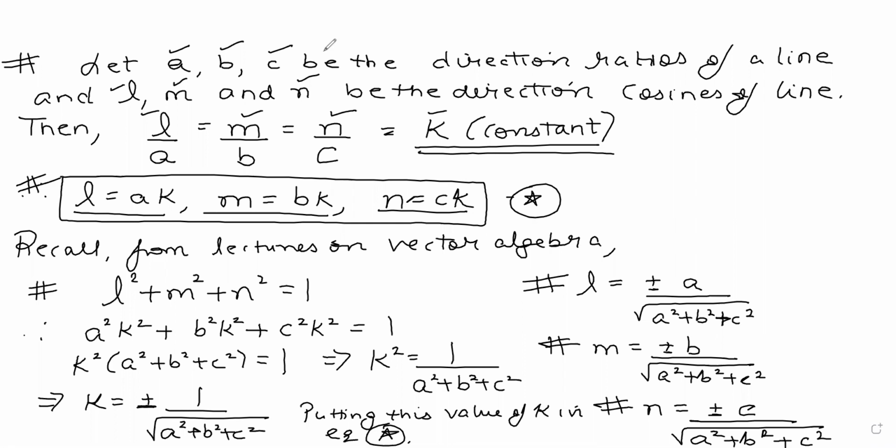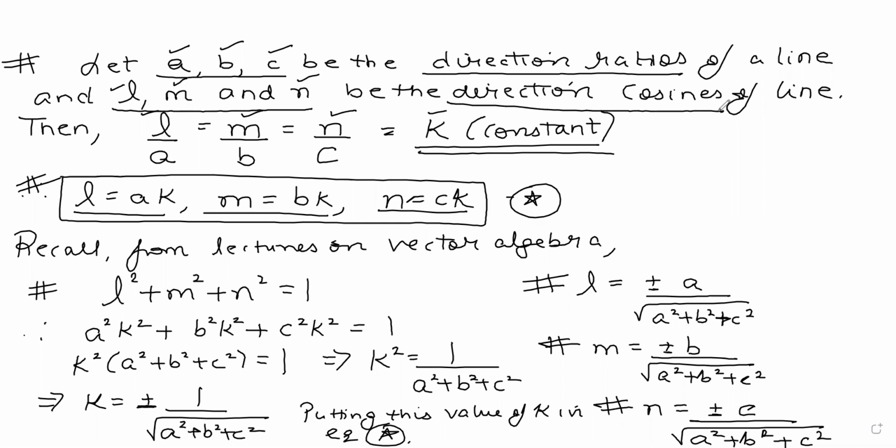So this gives us the relationship between direction ratios and direction cosines. Let me quickly revise this once again. Suppose A, B and C are the direction ratios of a line, and L, M, and N are the direction cosines of the line, where L is cos alpha, M is cos beta, and N is cos gamma.